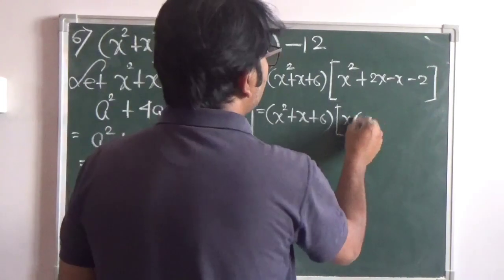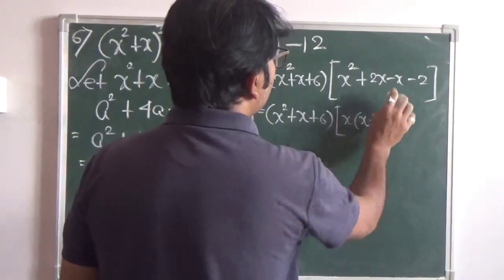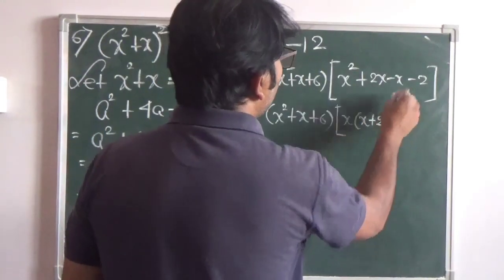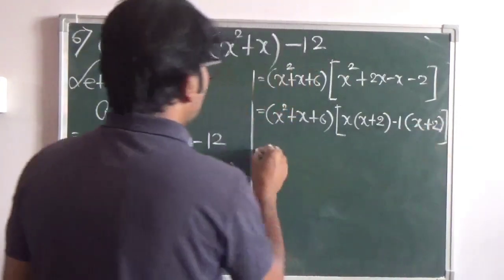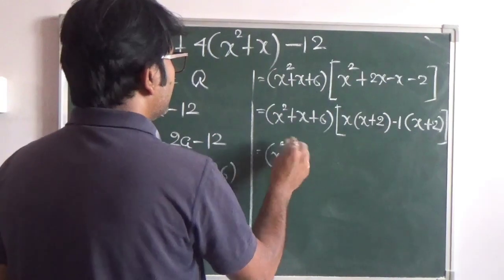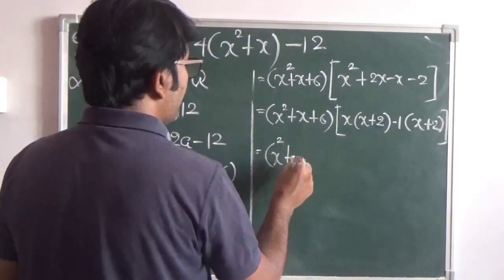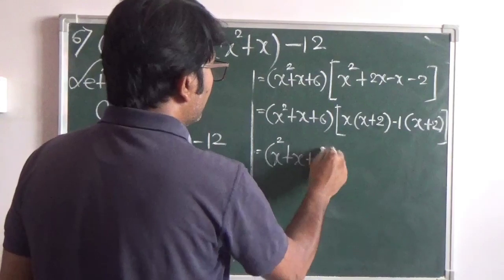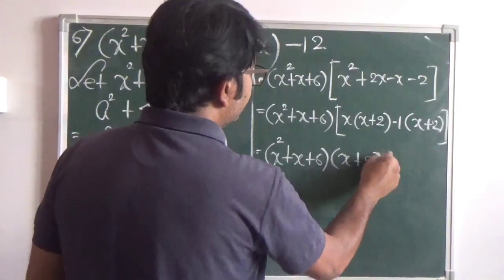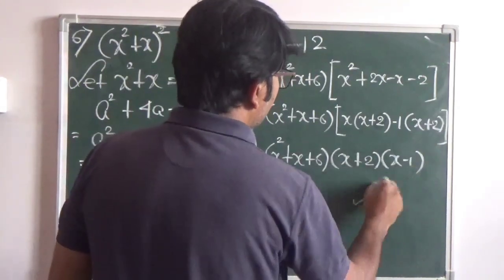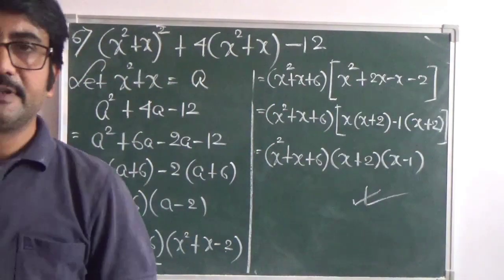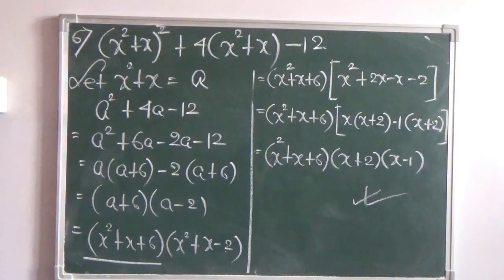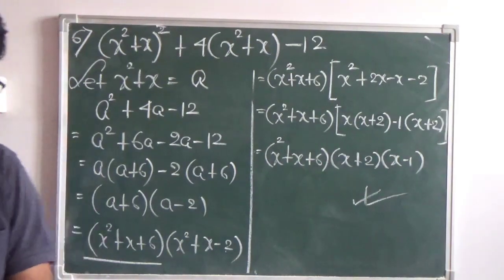From here you take x common, left with x plus 2, from minus 1 common, x plus 2. So it is x square. So this is it. Now go through this carefully, and now we move on to the next method of solving or factorizing.